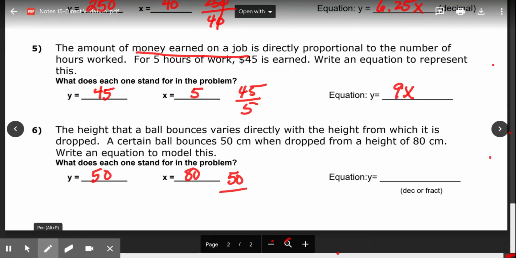So 50 divided by 80, that'll be 5/8. And you can use it as a fraction or decimal. So we can write it as y is equal to, as a decimal, 0.625x, or y is equal to 5/8 x. Alrighty, that is it.